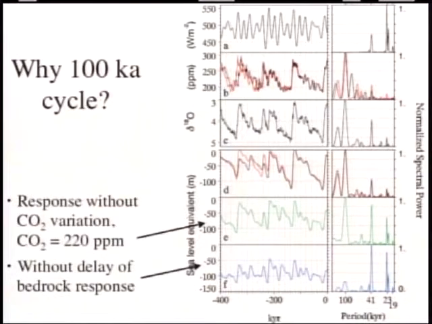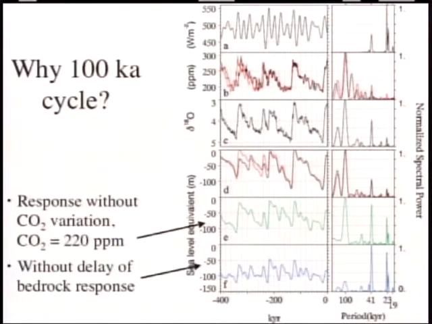Now, of course, the amplitude is a bit smaller, the timing is almost the same, but the amplitude at each timing is a bit different from the original one. But still, we see the 100,000 year cycle. Also, the ratio of the 100,000 year cycle and 41,000 year cycle is now a bit weaker than the original one. So in this case, CO2 is important for the amplification and also strengthening the 100,000 year cycle.